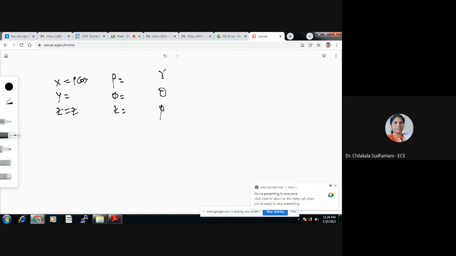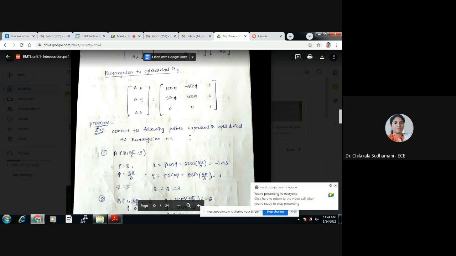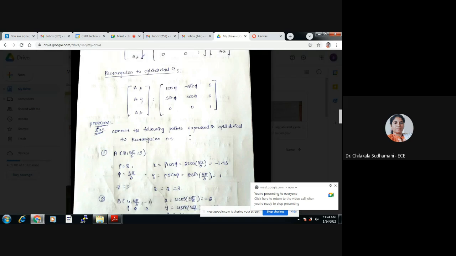The rho value is mentioned and also pi value is given. So you can find out by substituting the values, and you can convert cylindrical to rectangular, right?